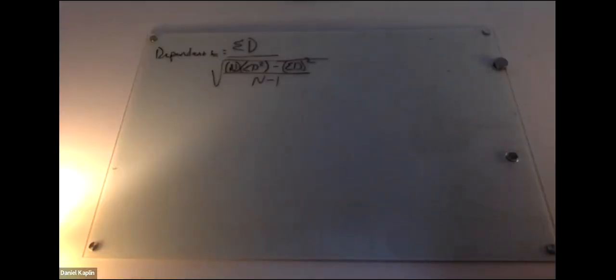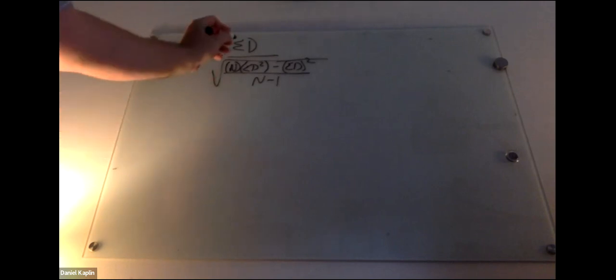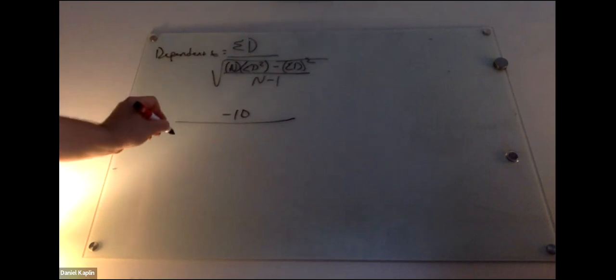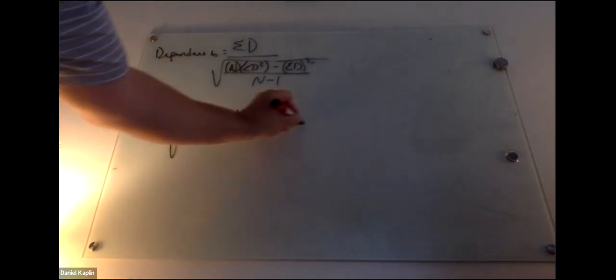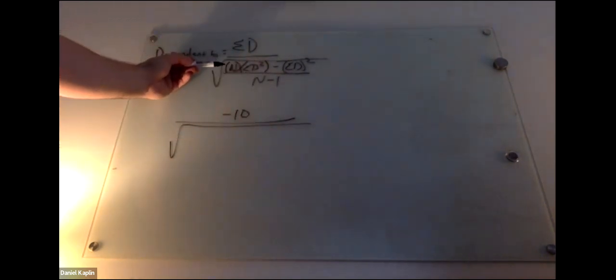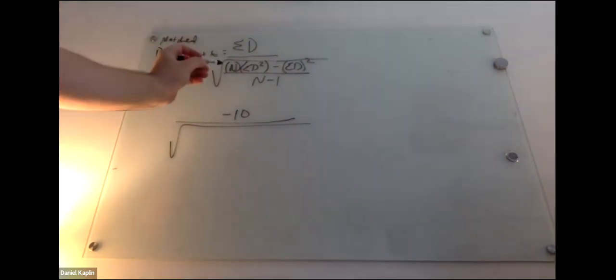Okay, so let's go through the formula, and I'm going to plug in the numbers. So if we go to the table, we said the sum of D was minus 10, right? So we're dividing that by N. Now, N here in a dependent samples t-test or a matched pairs test refers to the number of pairs, right?